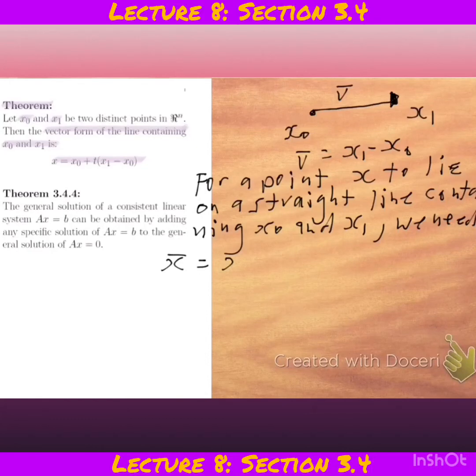So it's basically going to be x0 plus a scalar multiple of the vector v. And that is going to be x0 plus t times (x1 minus x0). So that is a vector form of the equation of the line containing those two points.